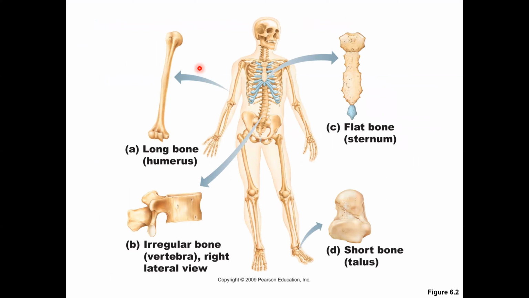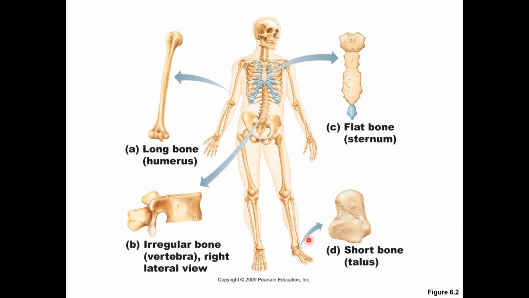So it's really not that hard to understand if the bone is long. For example, the humerus, radius, ulna, femur, tibia, fibula, and even phalanges, right? Phalanges and metacarpal bones, metatarsal bones, they are part of the long bone category.